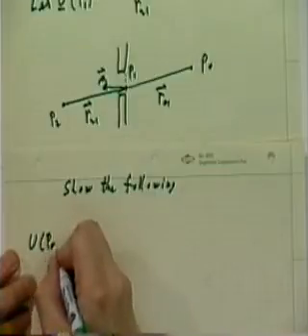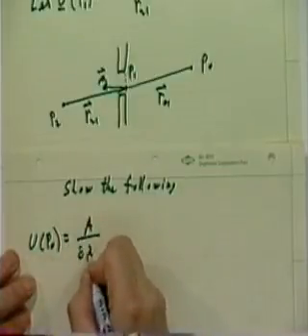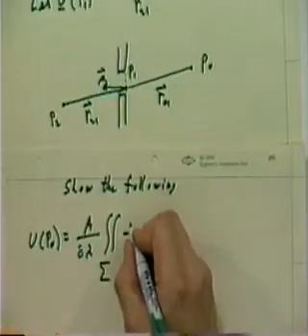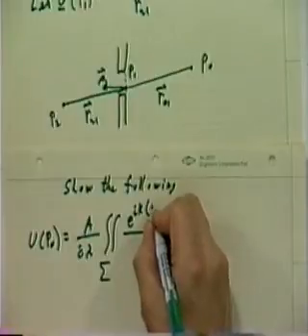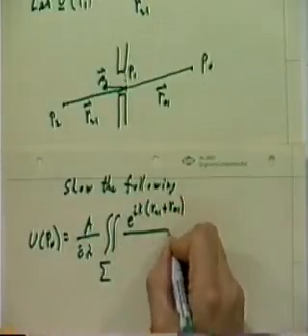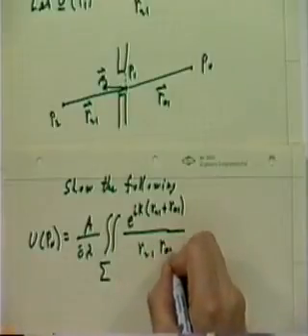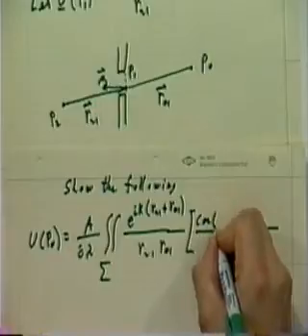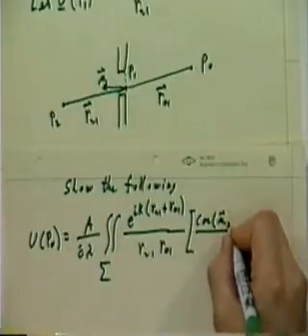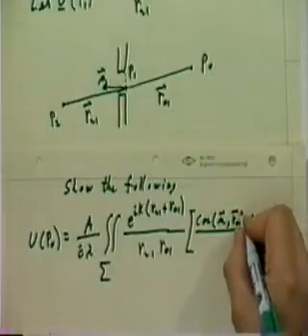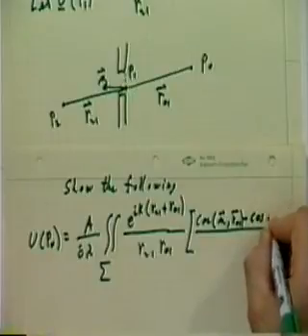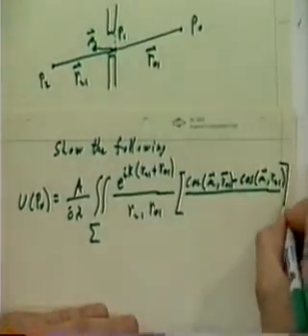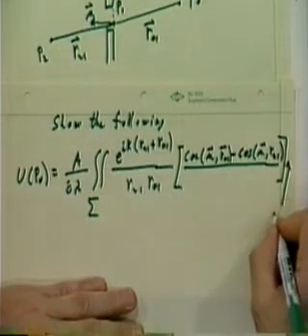And what we're going to show here, u of p naught is A over i lambda, integral over the open portion of this aperture, e to the ik (R21 plus R01) divided by R21 R01, times cosine of (n, R01) minus, better put a parentheses in there, minus cosine (n, R21), ds.